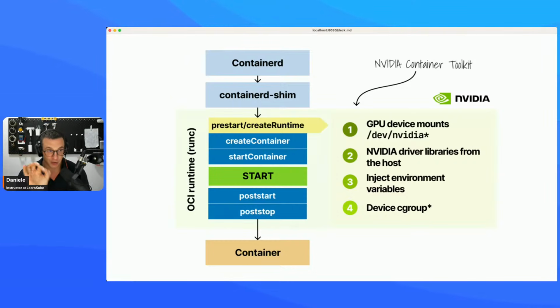So we need to punch a hole in the container and give it GPU access. The problem is, if we have multiple GPUs, which one do we choose? And how do we make sure that the container knows which driver to use for that GPU? All of this is solved by the NVIDIA Container Toolkit using the OCI runtime, using a pre-start hook.